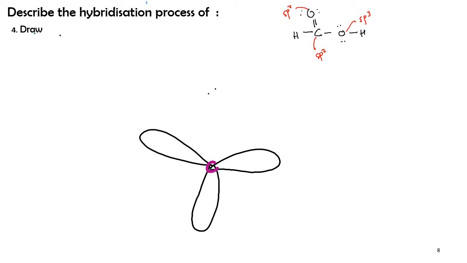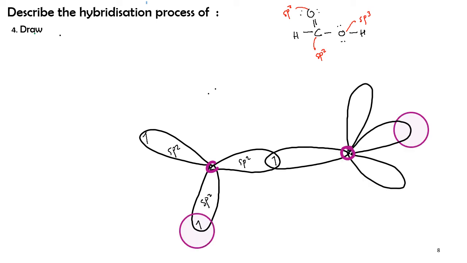So the carbon here is sp2, sp2, and each of them has 1 single electron. Okay, next. So we look at the bottom one first. This one is the hydrogen, and this is the 1s orbital with one single electron. You will form one sigma bond.